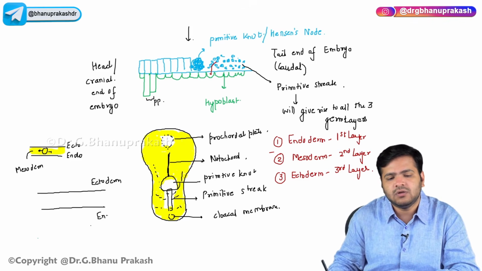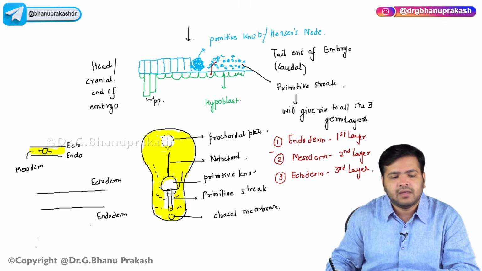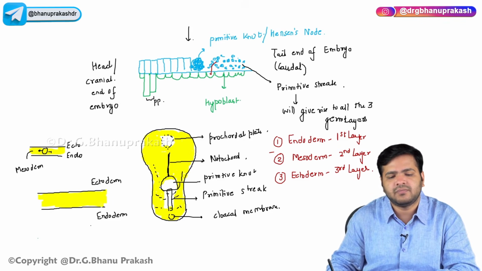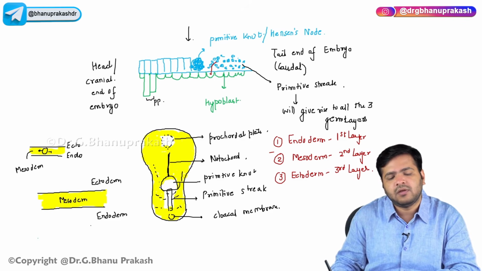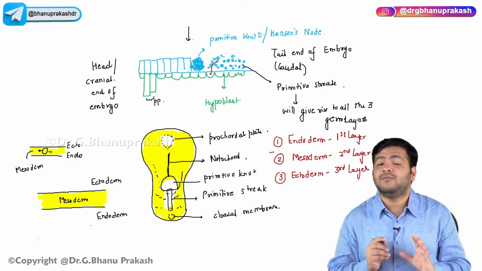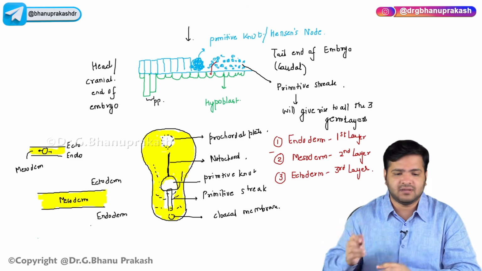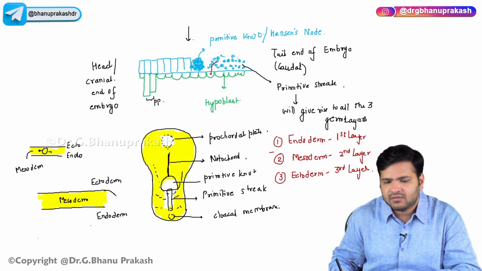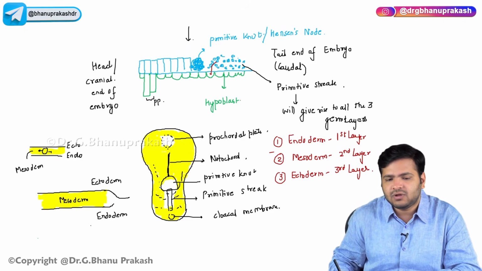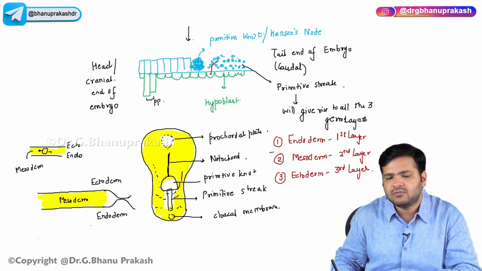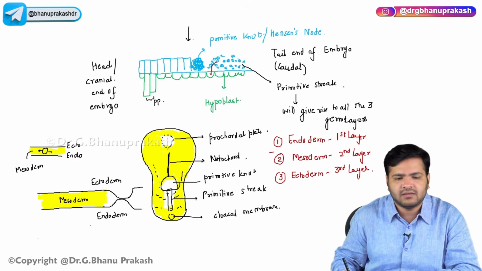In between, you already know that we have the mesoderm. So ectoderm, endoderm, and mesoderm, right? Now there will be two places where this mesoderm will be absent, and at these two places the ectoderm and endoderm will meet each other and continue like this, right?